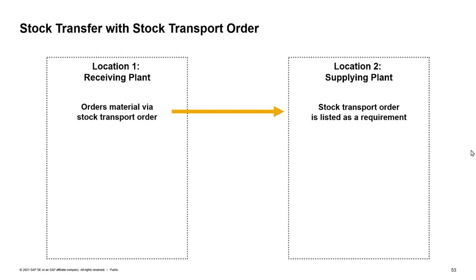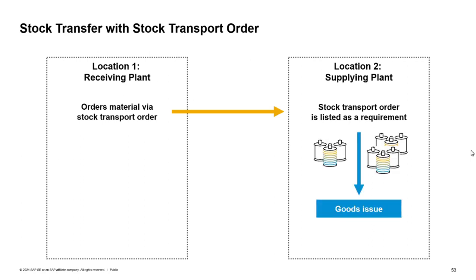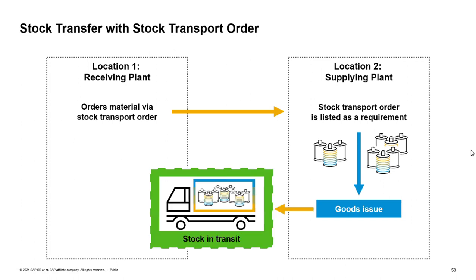It is necessary for the system to mark information about location and availability of material. That's why stock in transit is created, and that's why the supplying plant creates the goods issue. It's also necessary to create a goods receipt to mark in the system the receiving of material, which gives information about availability of material in the plant.